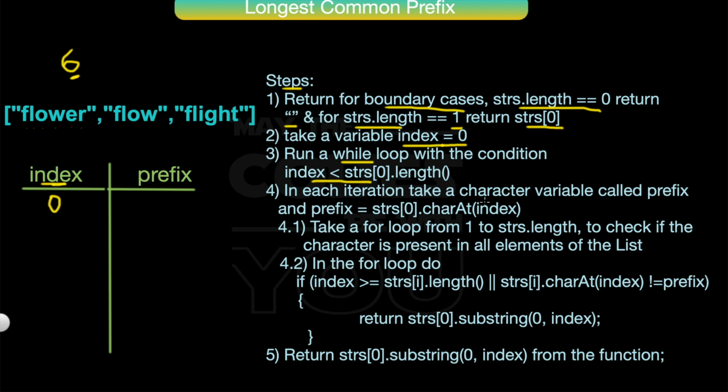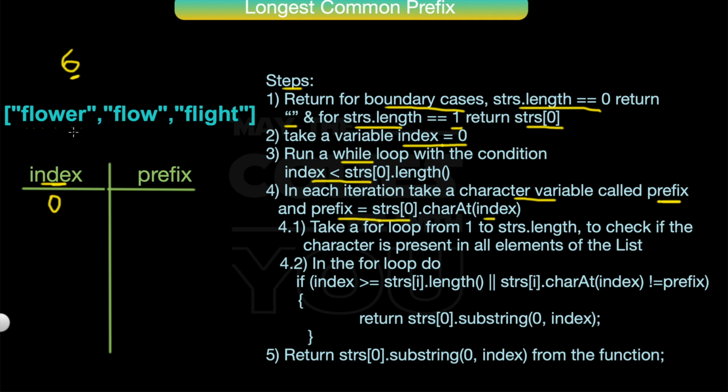Okay, so next, in each iteration we'll take a character variable called prefix, and prefix equals string 0 dot character at index.